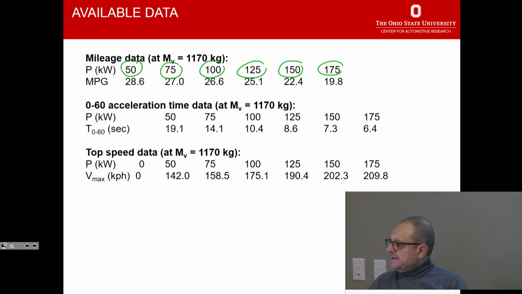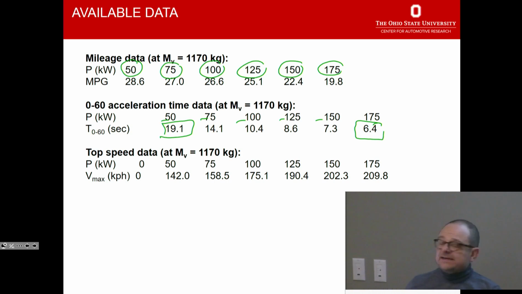Then I know that for each of these different power ratings, I can get acceleration times from 0 to 60 that range from 19 to 6 seconds. And similarly, I have some data points in which, again, for each power rating, I know that the maximum velocity will go anywhere from 140 to 209 miles per hour.